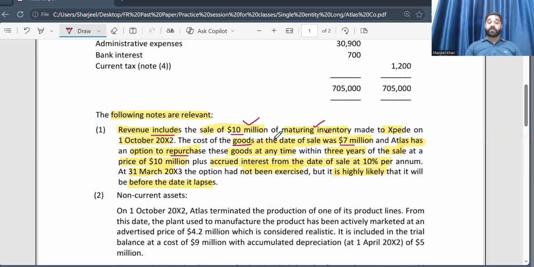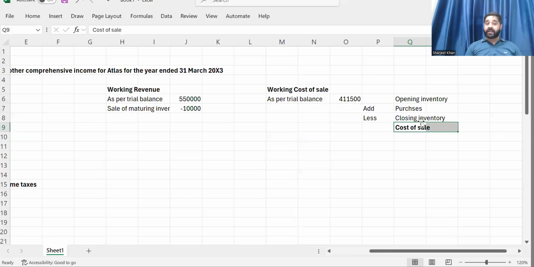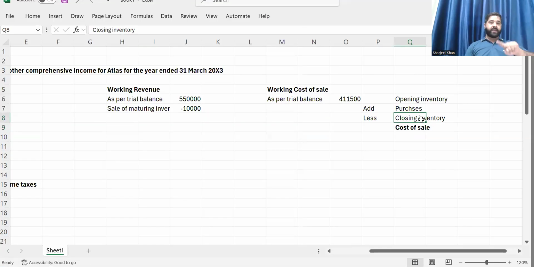So if they remove these goods, which have 7 million, from the inventory, because according to the repurchase agreement, if no revenue is recognized, you must not remove the goods from your inventory.